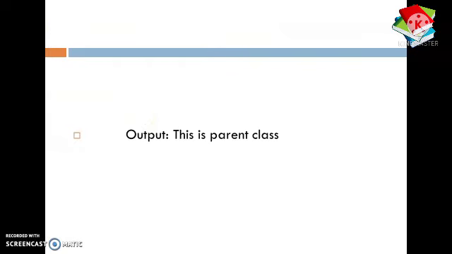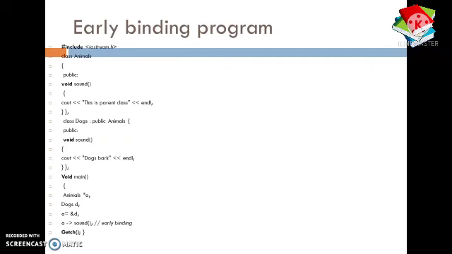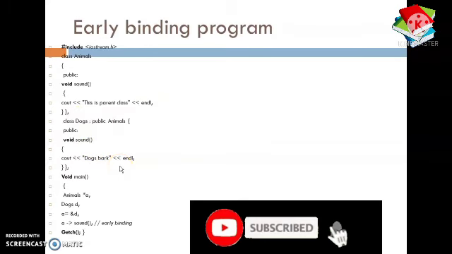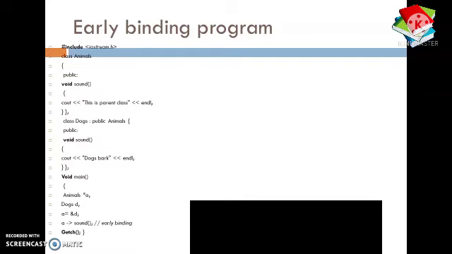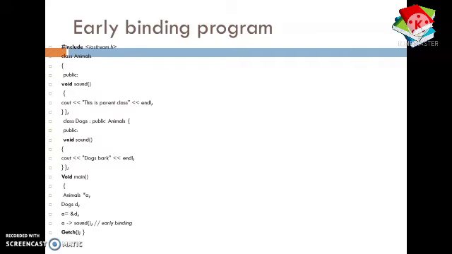Now look for the output. Here the output is: this is the parent. It means this function is responding to the parent class sound function, this is the parent, not to the derived class sound function dogs bark. So in this example, we created a pointer a to the parent class animals.